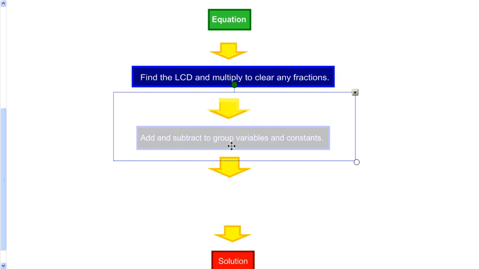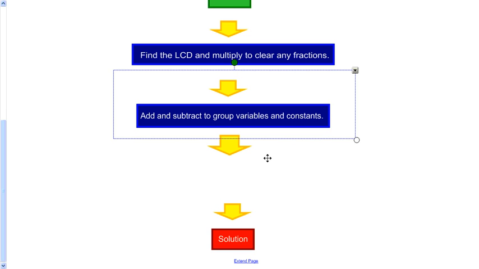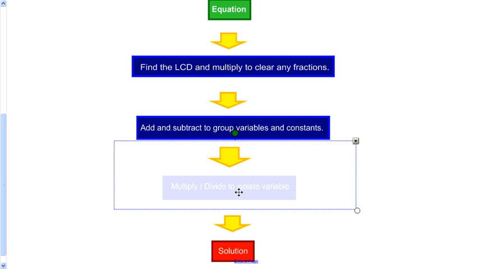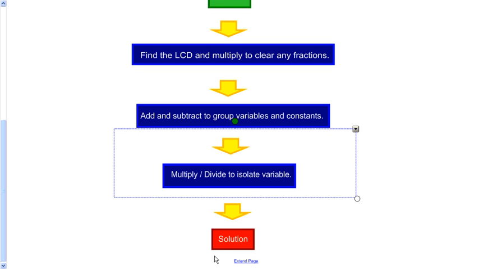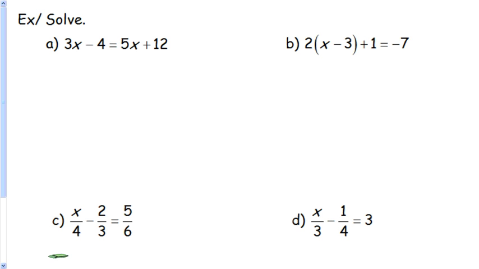Okay, then you add and subtract to group variables and constants, so you want to bring the like terms together. And then you multiply, divide to isolate the variable. Notice it's the reverse of the BEDMAS order when you're isolating for a variable. And you get to the solution. So let's see some examples here.